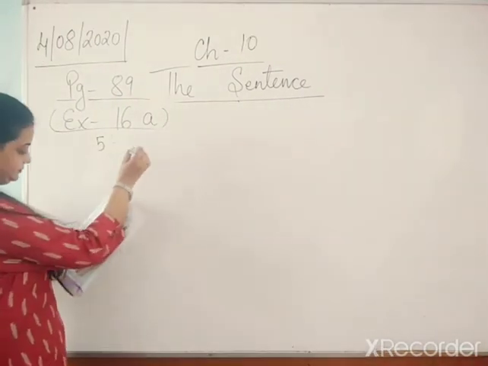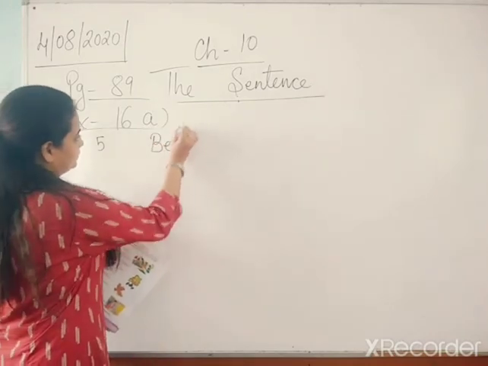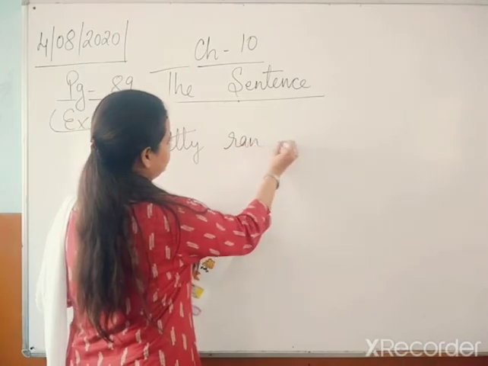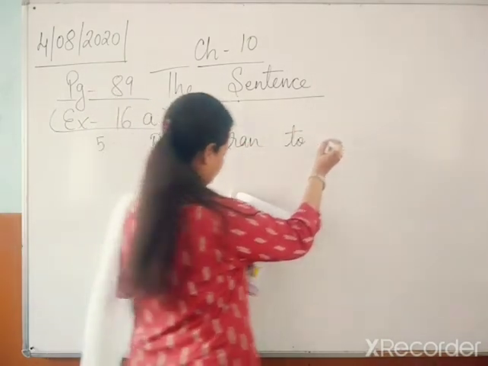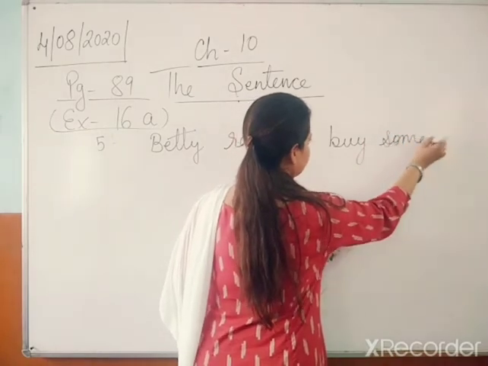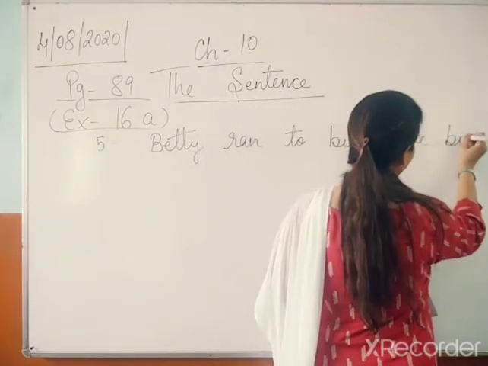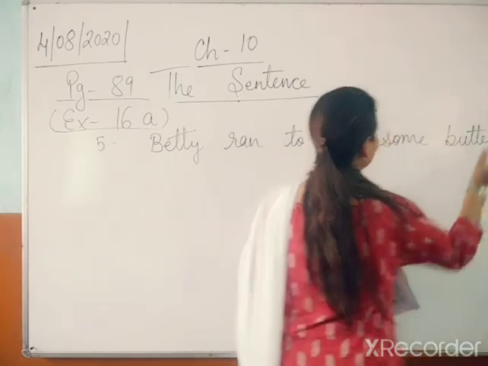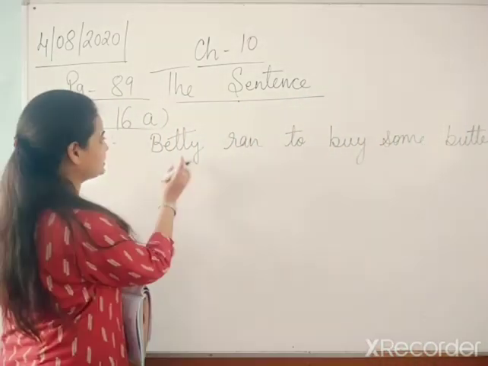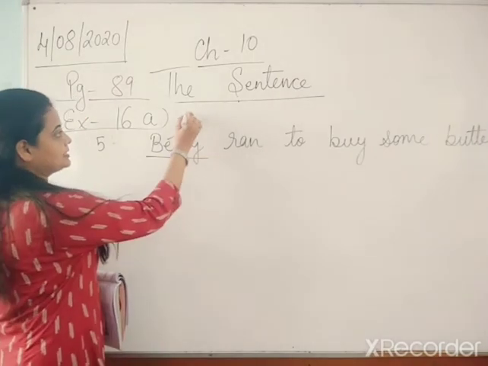Fifth one. Betty ran to buy some butter. Okay, so who is performing the action here? Who ran to buy butter? Betty. So Betty is your subject.